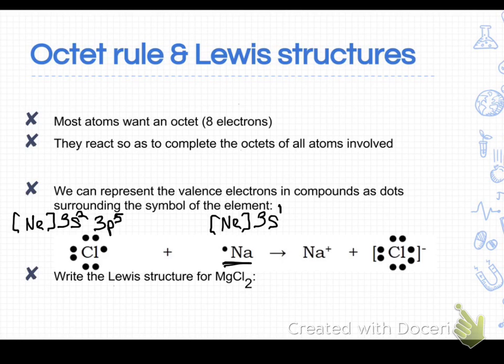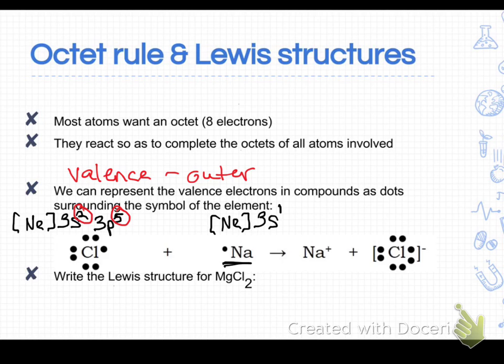So these are our electronic structures that we learned about doing in the last chapter. Now, to apply that concept, the shorthand notation tells us how many electrons are in the valence shell. So valence, to remind you, means outer electrons.